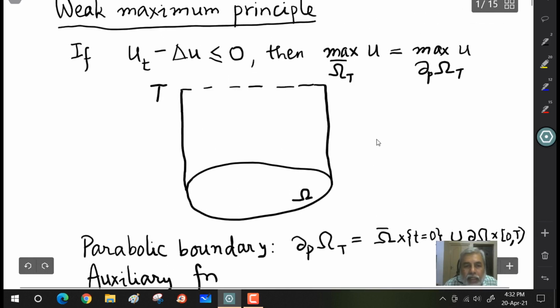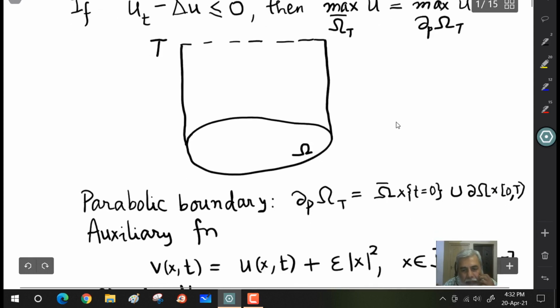Then the statement of the weak maximum principle is: if u_t minus Laplacian u is less than or equal to 0, then the maximum of u over Omega_T bar is the same as the maximum of u taken over the parabolic boundary.